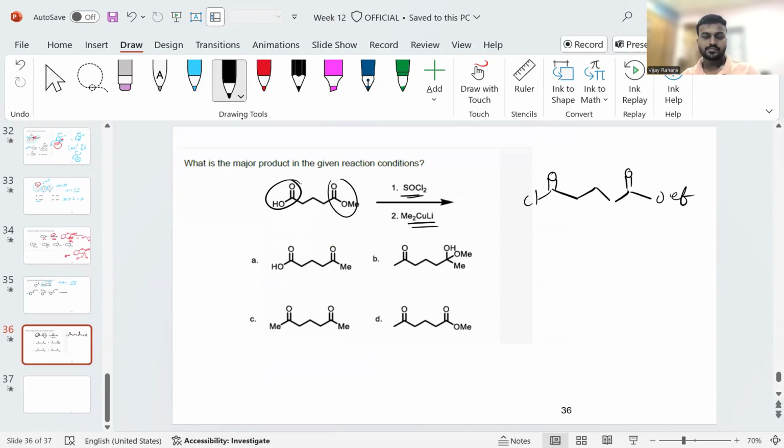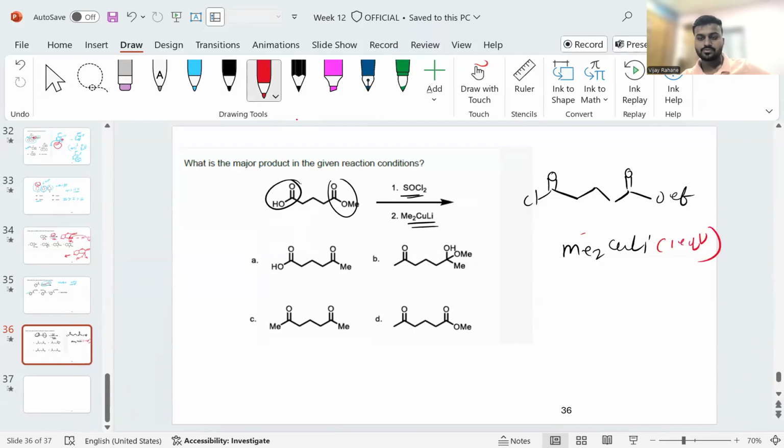Now when we add Me2CuLi, obviously this question is about reactivity, particularly with one equivalent.